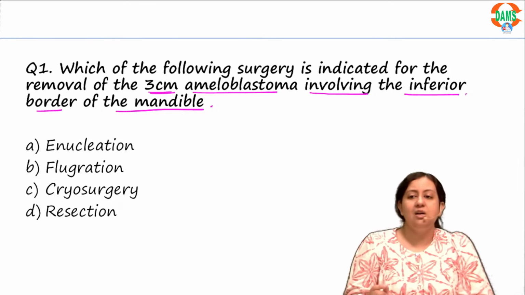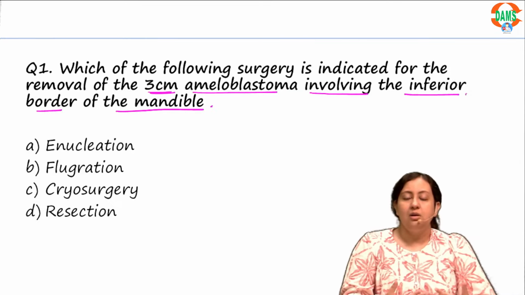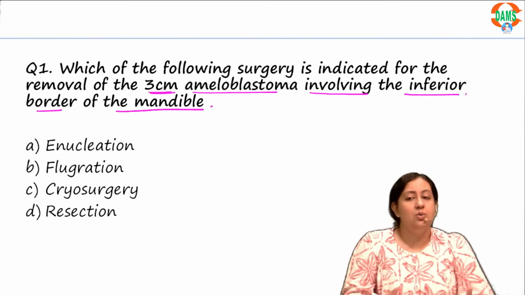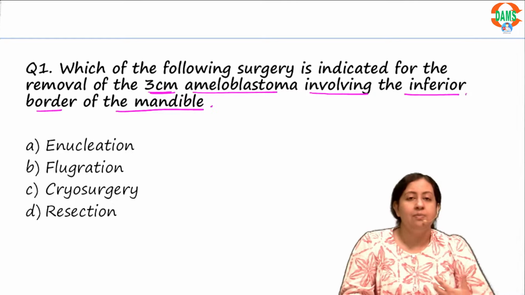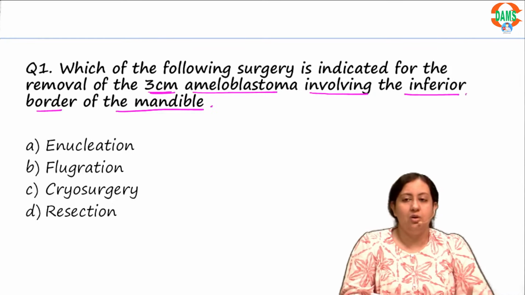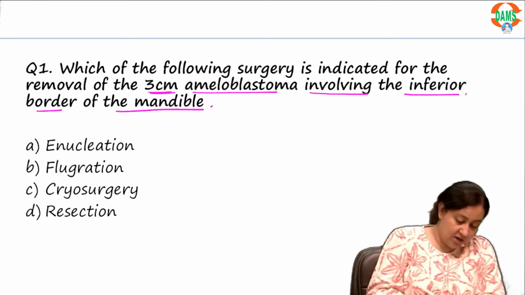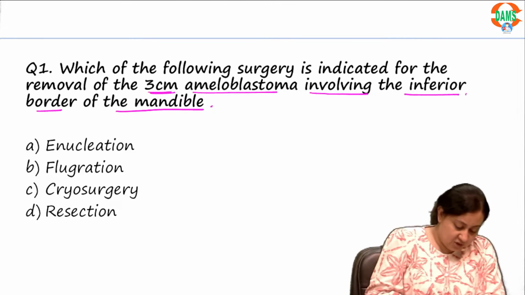Now when it is involving the inferior border of the mandible, that means the inferior border is not strong enough to sustain itself. So what you will do is you will do a resection. When you will be taking margins, you will automatically be removing the inferior border. Hence your answer is not enucleation, it is resection.